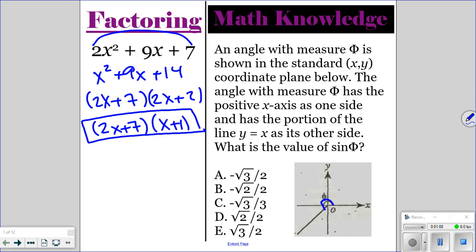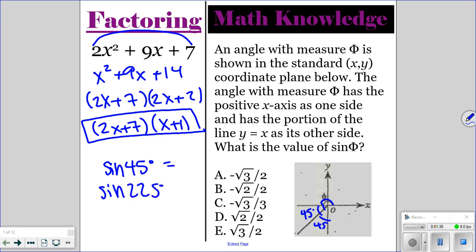And it says this is y equals x, so that means that this is a 45-degree angle because it splits it in half, and this over here is going to be 45. So we're basically looking for the sine of 45 degrees. But it's not just 45, it's actually 180 plus 45, which would be 225.